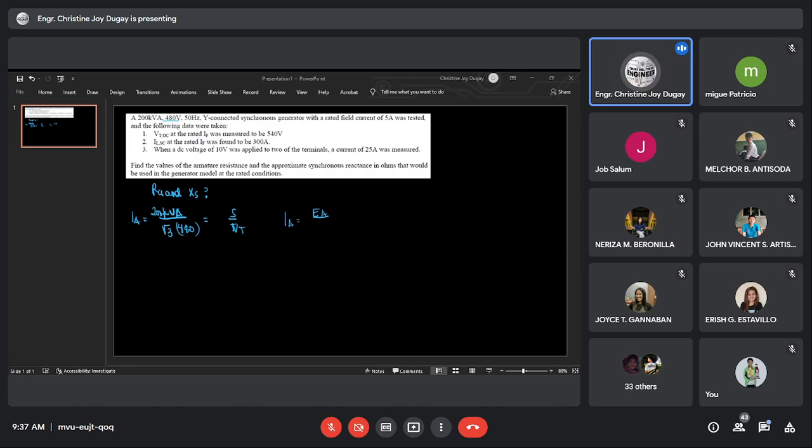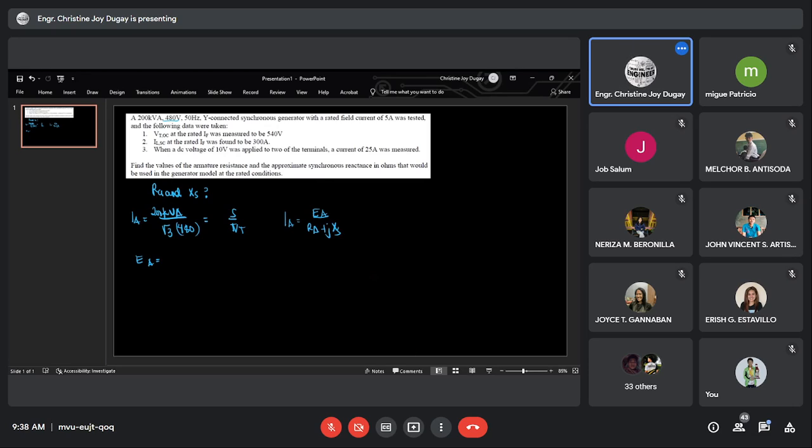According sa equation natin kanina, pwede siyang ma-solve from EA over RA plus jXS. Yan yung equation natin kanina, di ba? Ang problema natin, paano natin ma-determine kung anong value ni EA?